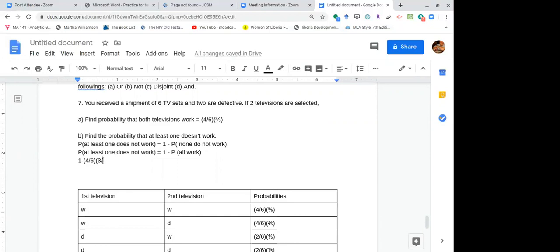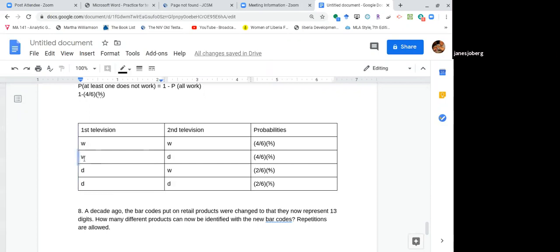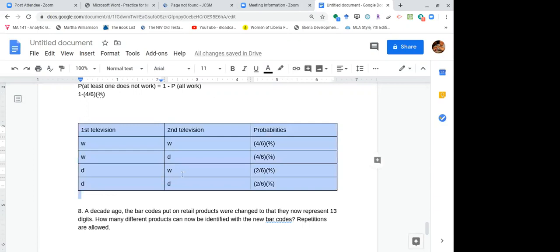Now, the other way to do it would be to multiply the probabilities together on each line, add up these 3 rows, the probabilities on these 3 rows, and then you would have it.